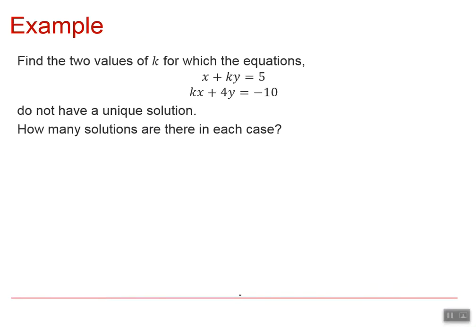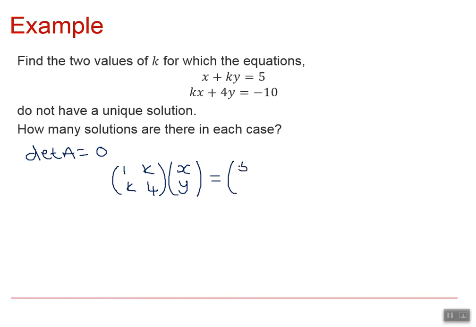So let's have a look at this example. We want to find two values of k for which these equations do not have a unique solution. So we know that in order for them to not have a unique solution, the determinant of the matrix needs to be 0. So let's write this as a matrix equation, times (x, y) equals (5, minus 10).